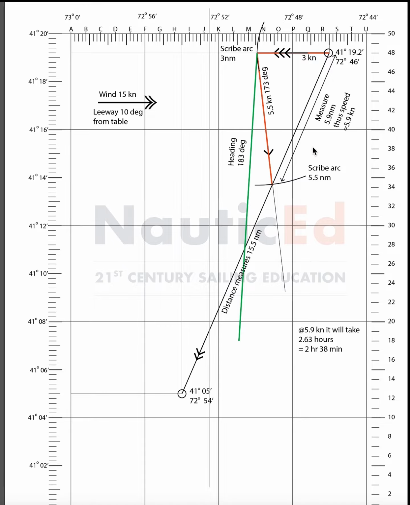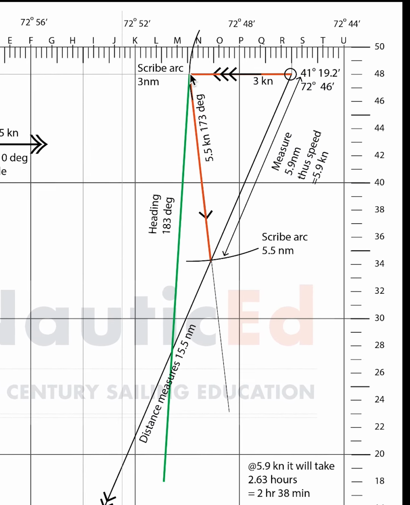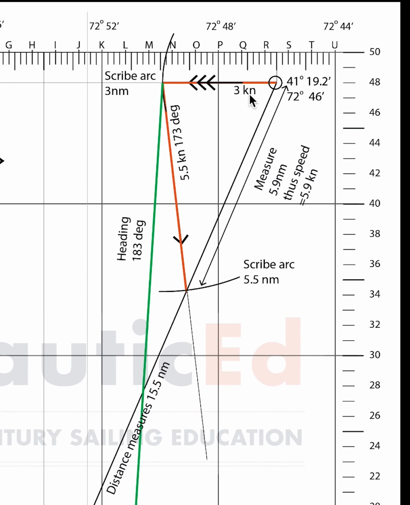Now the problem is that we want to travel in that direction, but we've got a current that's traveling towards the west, and it's 3 knots. Now we're going to do a 1 hour plot, so a current traveling at 3 knots in 1 hour will go 3 nautical miles.